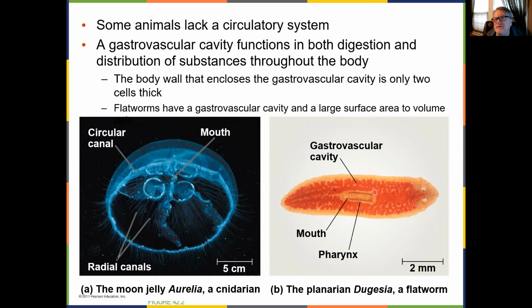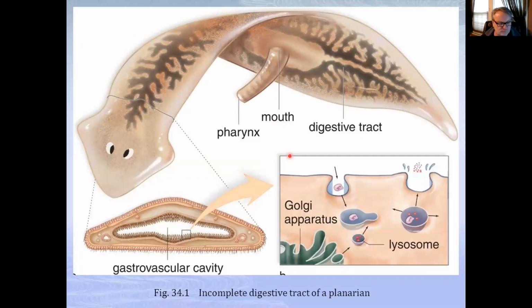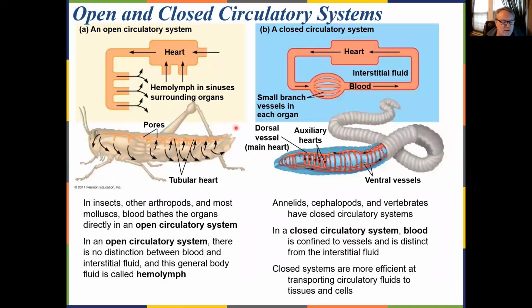Or they have to be very small, like the planarian flatworm that we have studied quite a bit. But for most animals, as you become larger, the circulatory system becomes important so that we can transport nutrients and gases and also recover waste.